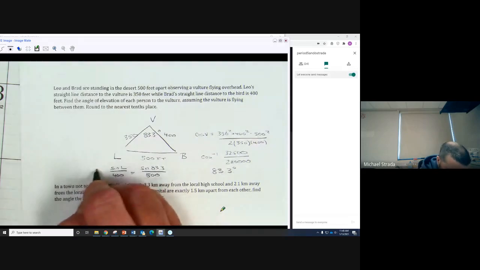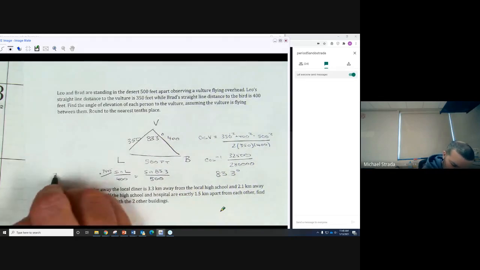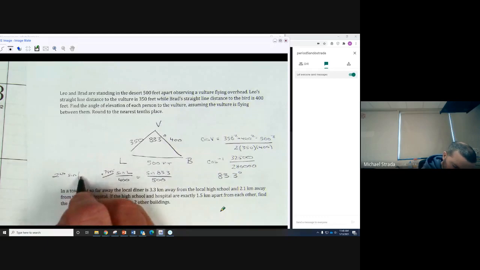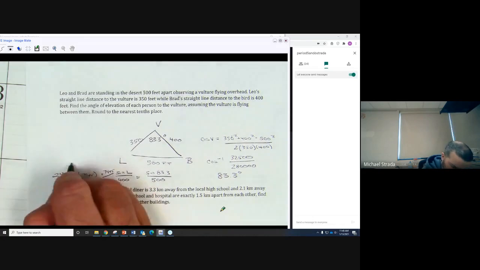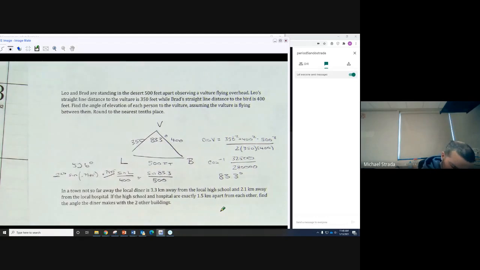Sine L comes out to be about 0.7945. So I'm going to do second sine, 0.7945. And I get 52.6 degrees. So that would be L.